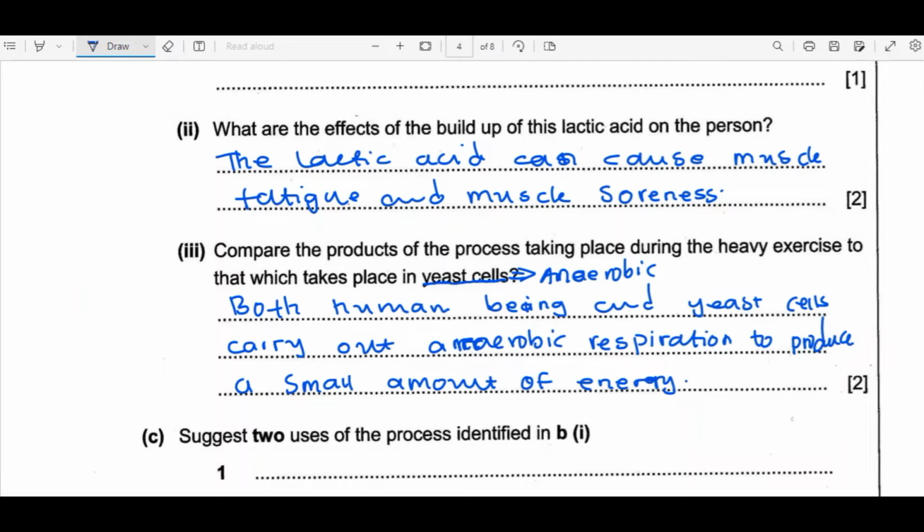Okay, so that is the similarity. So the similarity is more about the production of the small amount of energy.